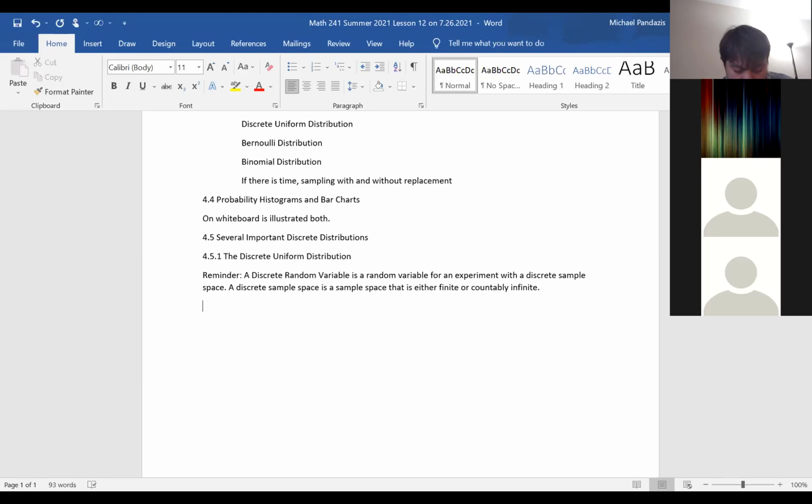Okay, so consider the experiment of selecting a number at random from the set consisting of the numbers x1 to xn.